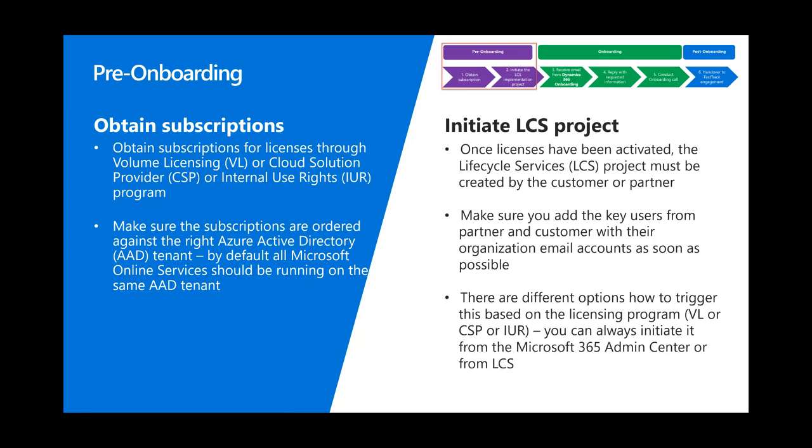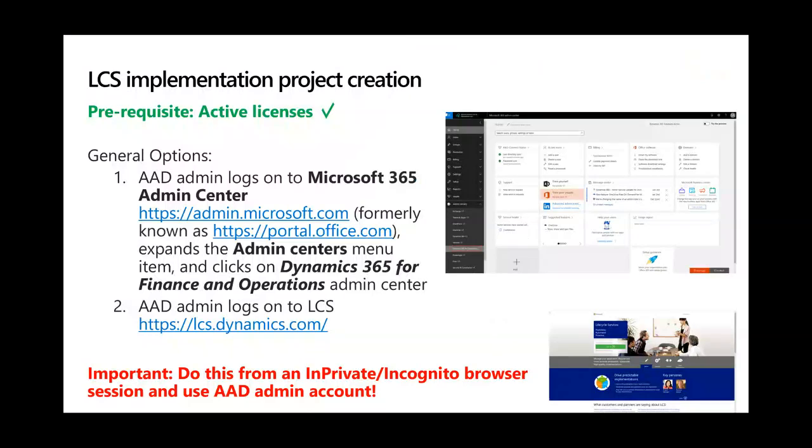So what to do? What I want you to take away here is that as long as the licenses are active, there's always a very simple way to create the LCS implementation project. There's actually two very simple options. So option one is that the Azure Active Directory admin logs onto the Microsoft 365 Admin Center.